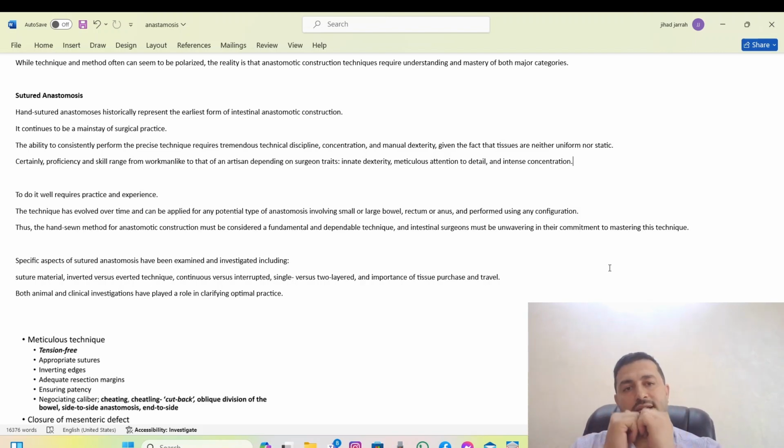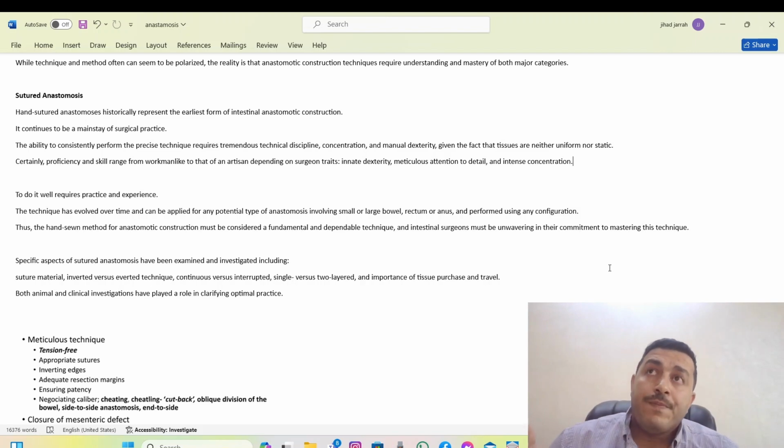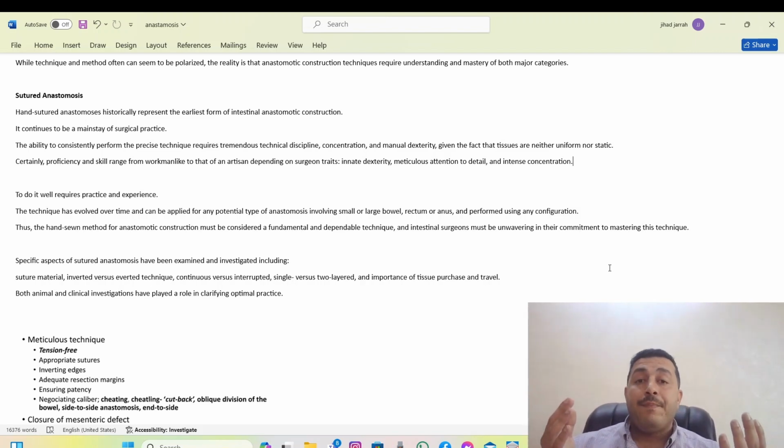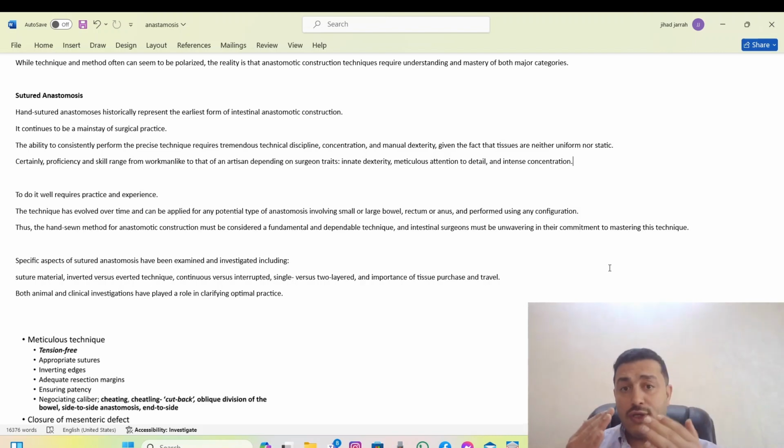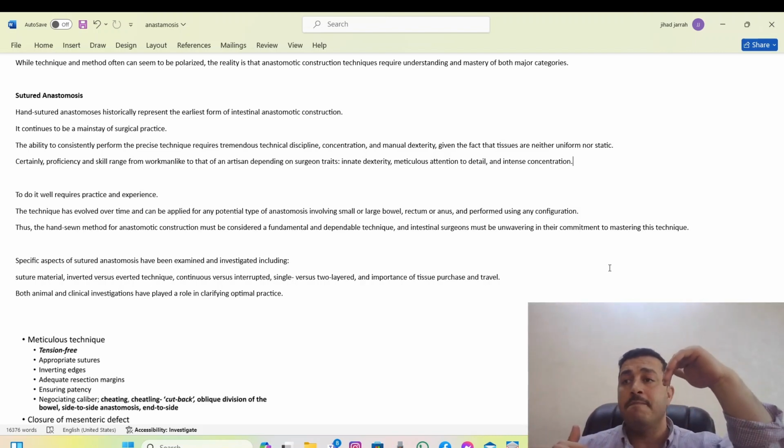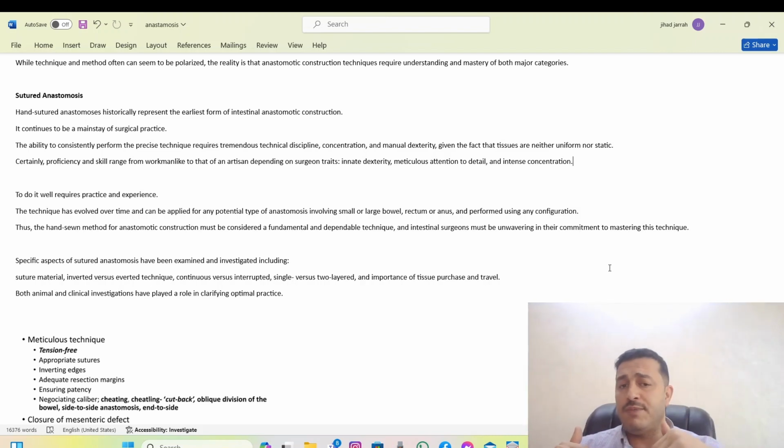Should the edges of the wound be inverted, everted, or normal positioning? Then the tissue purchase. Tissue purchase means the level I should penetrate with my needle: the serosa only, or full thickness from serosa to muscularis propria to submucosa and mucosa.